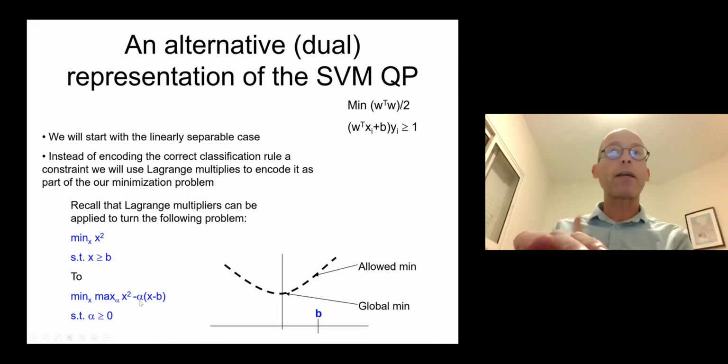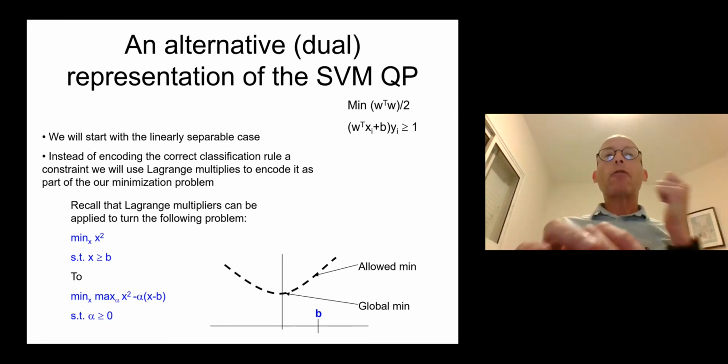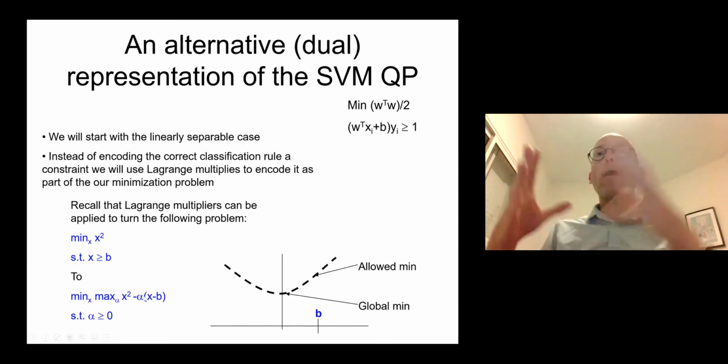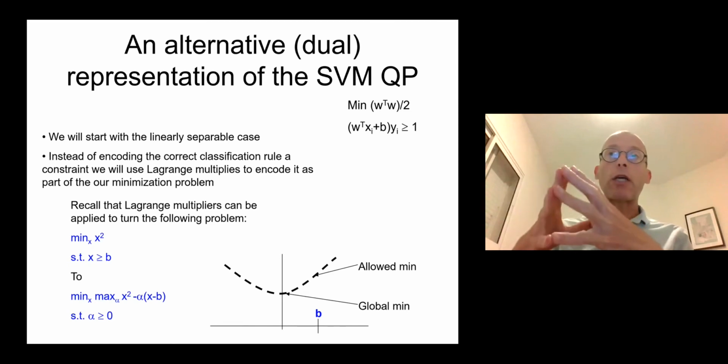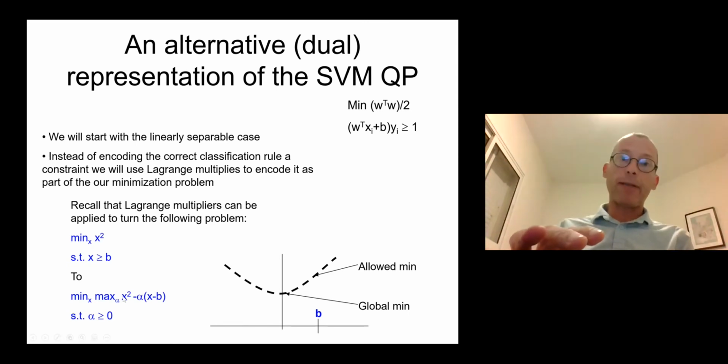Otherwise, the alpha can completely ruin the minimization by selecting an infinitely high alpha. Okay, so the idea is that when you insert the constraint or the inequality into the function, it leads to a joint optimization function that when you solve it, you get the solution for your original value, which is x in this case.